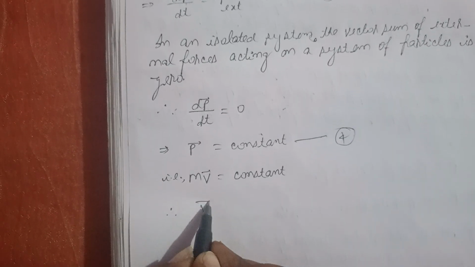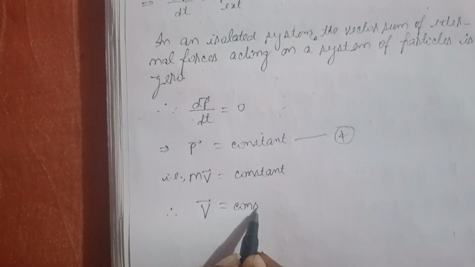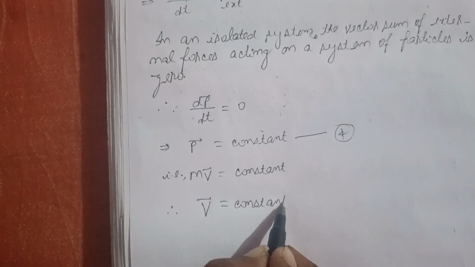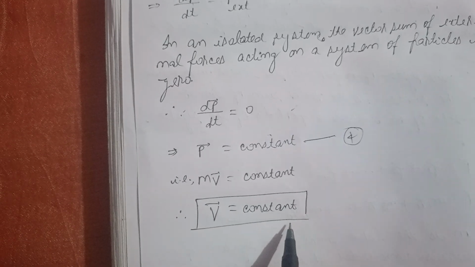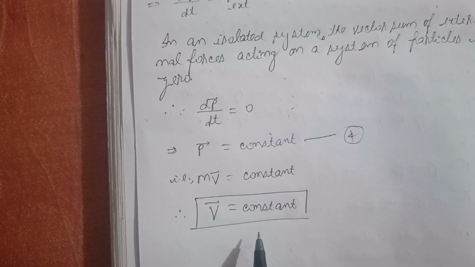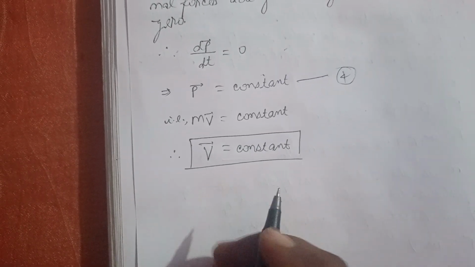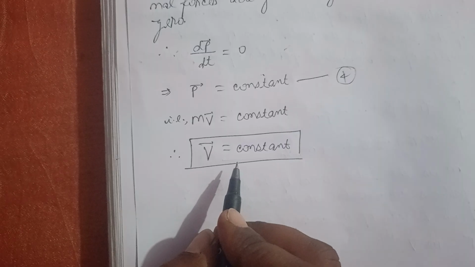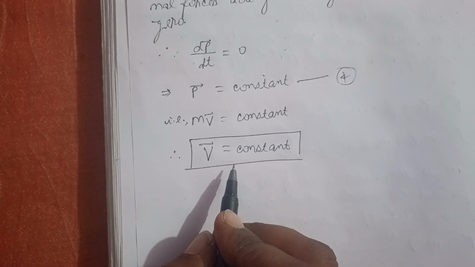Therefore, vector V is equal to constant. Velocity of center of mass remains constant when total external force on the system is 0.